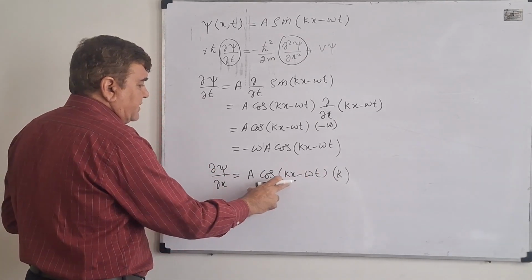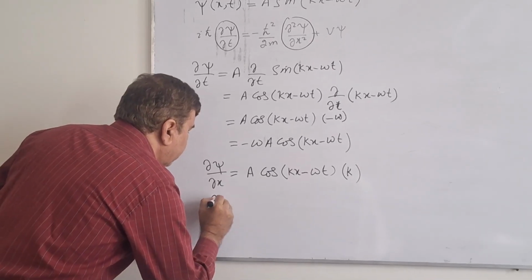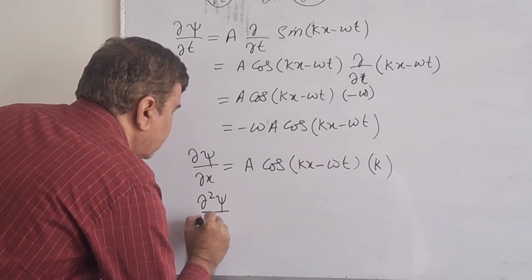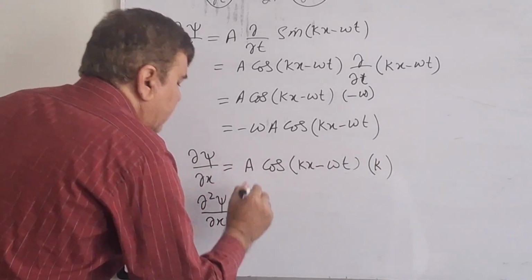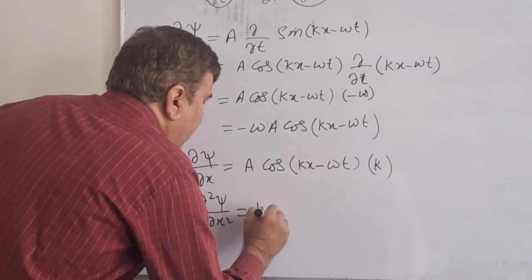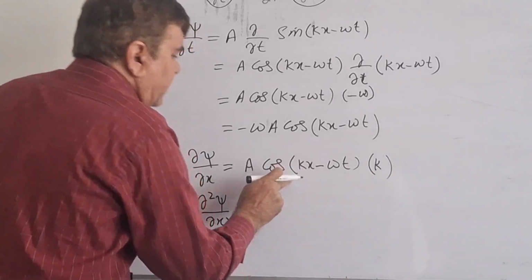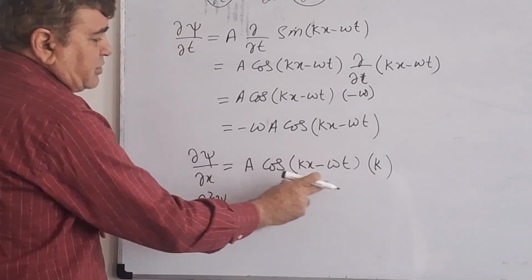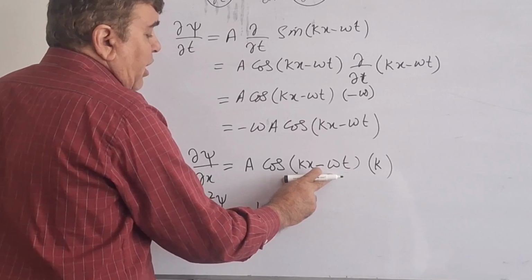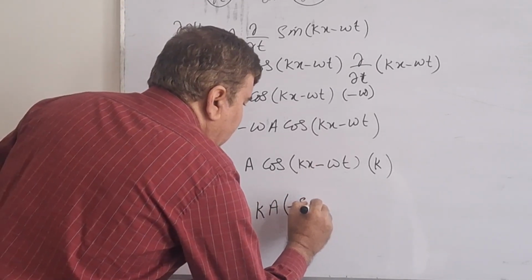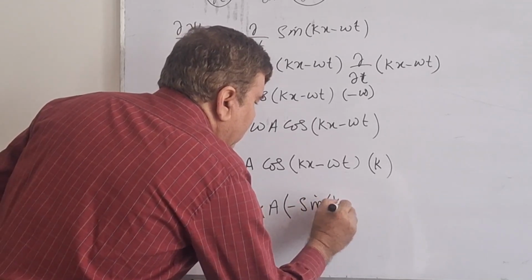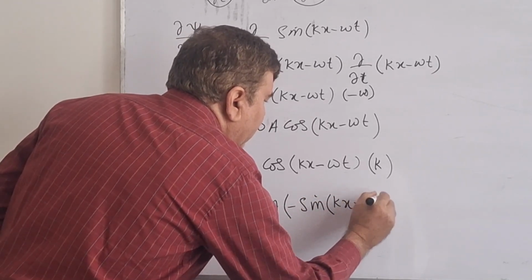I want to differentiate this result once more to find partial squared psi over partial x squared. k is constant, so I take it to this position, a is constant, and then I differentiate with respect to position, and we know the derivative of cos is minus sine, so I write minus sine of kx minus omega t.